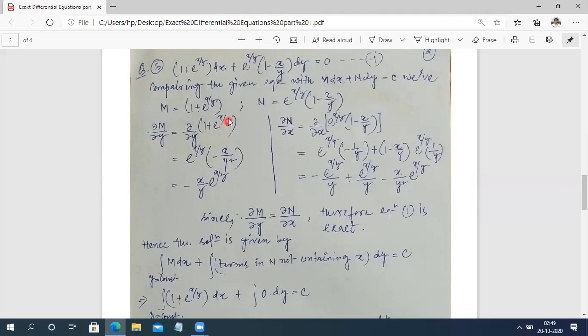If we differentiate e raised to the power x by y with respect to y, it gives e raised to the power x by y, and if we differentiate x by y, it will give minus 1 upon y square into x. Here x is constant, so into x. So this will be the value.